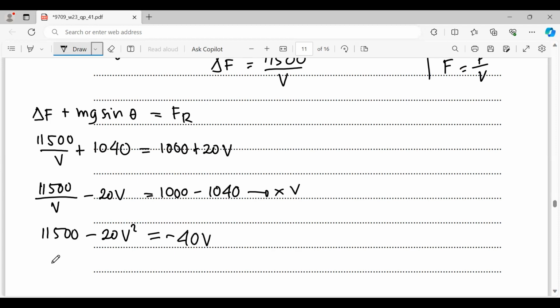Then it's going to be 20 V squared minus 40 V minus 11,500 equals 0.